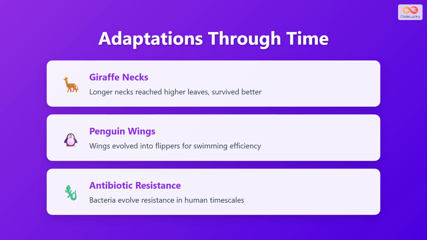Antibiotic resistance in bacteria demonstrates evolution happening on human timescales. Bacteria with genetic mutations that resist antibiotics survive treatment and multiply, creating resistant populations in just years or decades. These examples show natural selection operating across vastly different timescales.